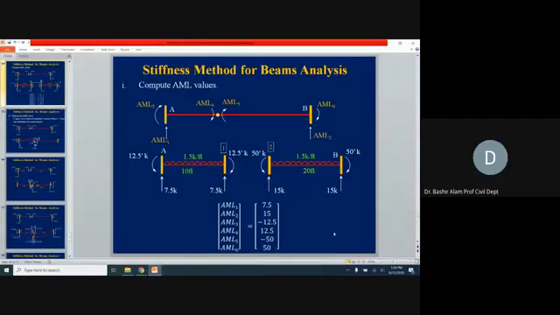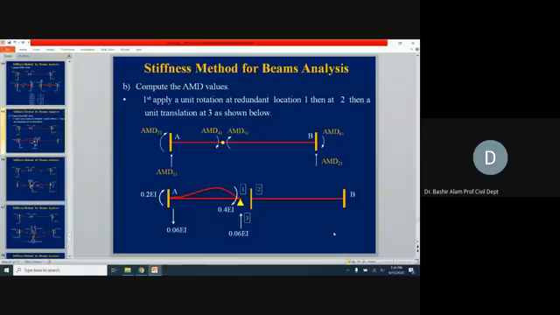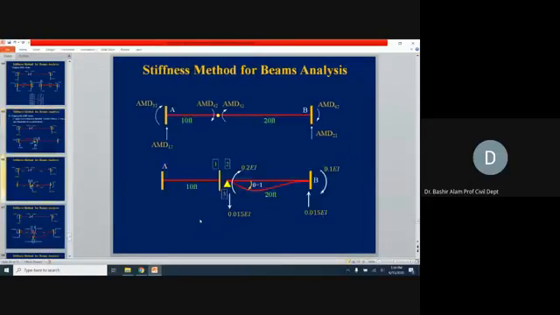Similarly, now we go and generate the AMD matrix. First, you already have this data now. So this D11 should be your minus 0.06 EI. AMD here 21 we have 0, so it should be 0, and similarly the rest of the values you can pick and complete the first column of the AMD matrix.